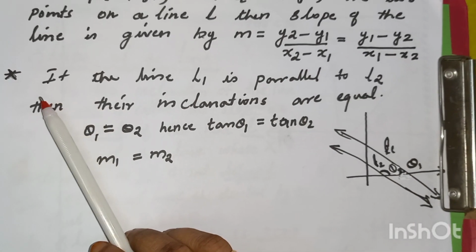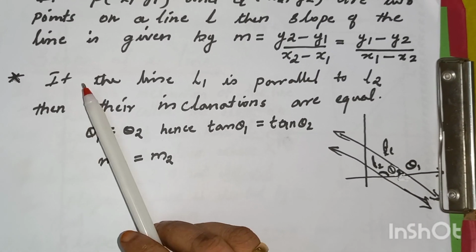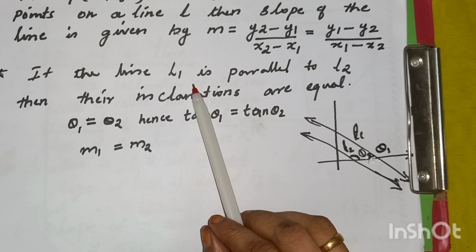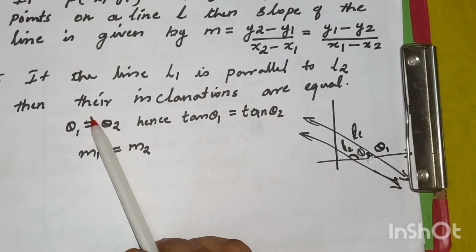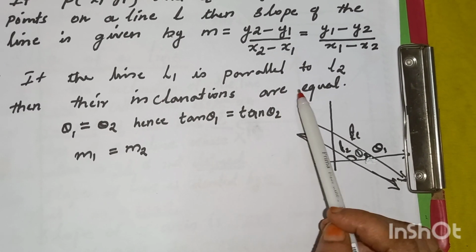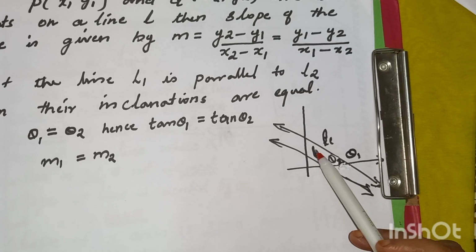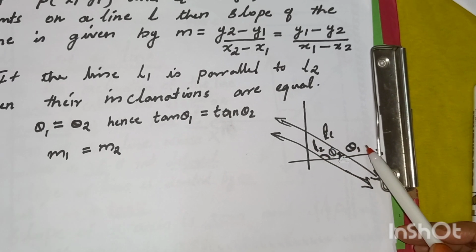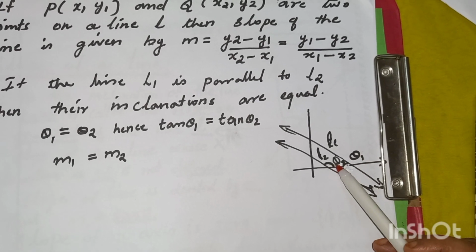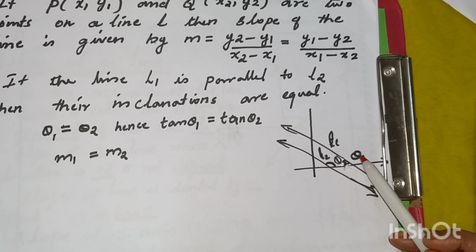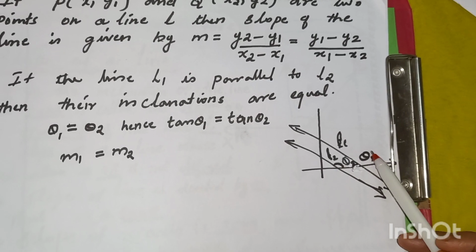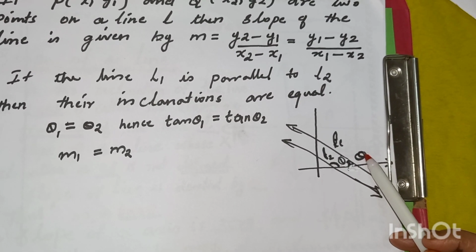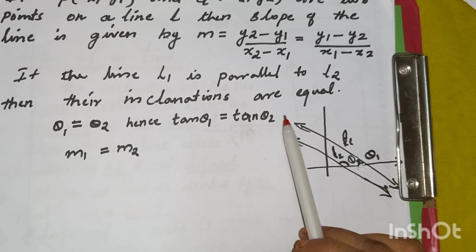Then another thing we are going to study is that if the line L1 is parallel to L2, then their inclinations are equal. Look at this L1 and L2, their inclinations theta 1 and theta 2. Their slopes are represented by tan theta 1 and tan theta 2.